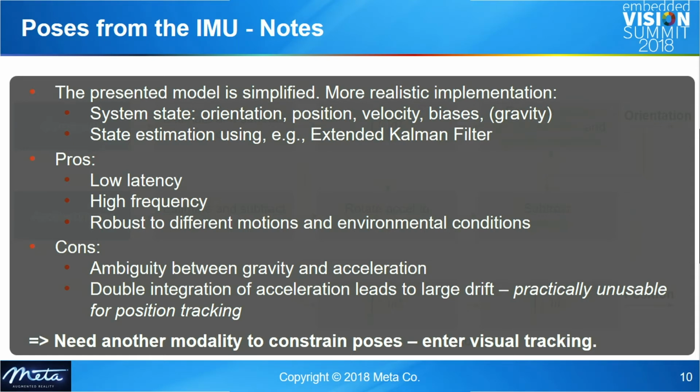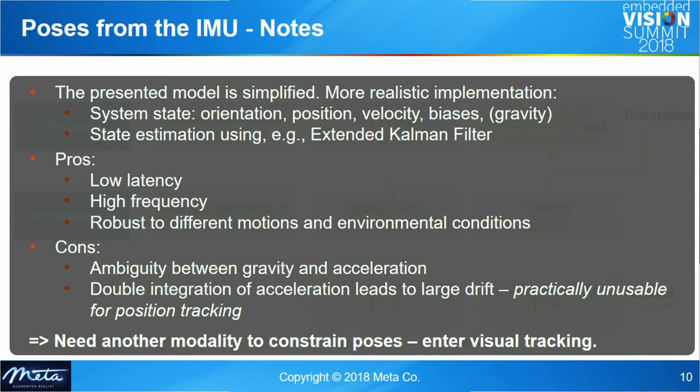So that's one big issue. The second problem is the drift that I already mentioned. So the IMU alone for time periods longer than a fraction of a second, or with some of the new very advanced algorithms longer than a couple of seconds, is not usable.